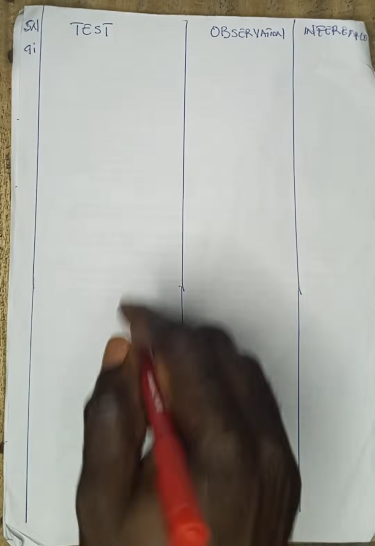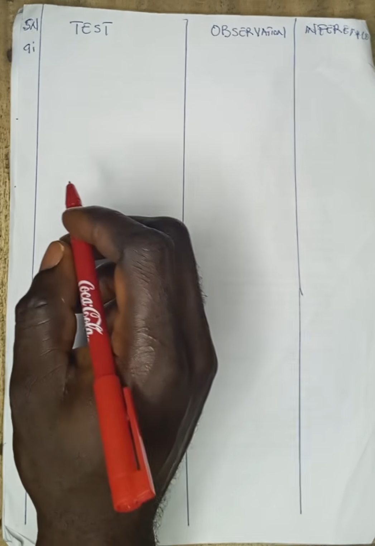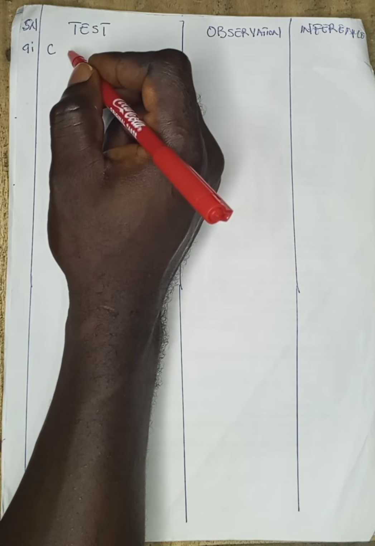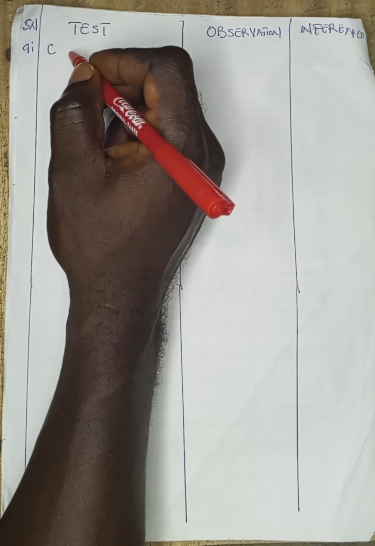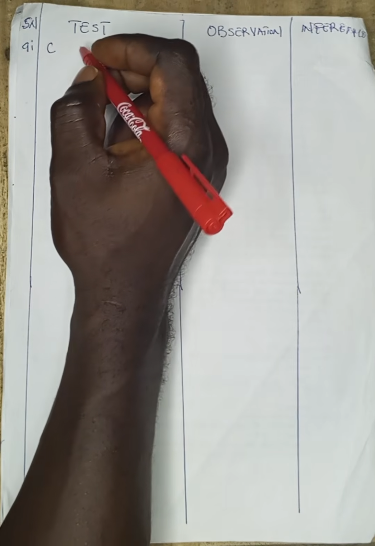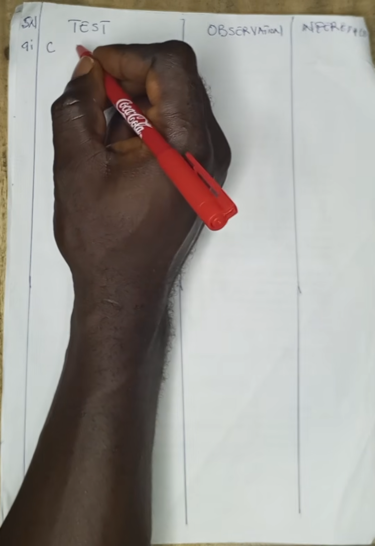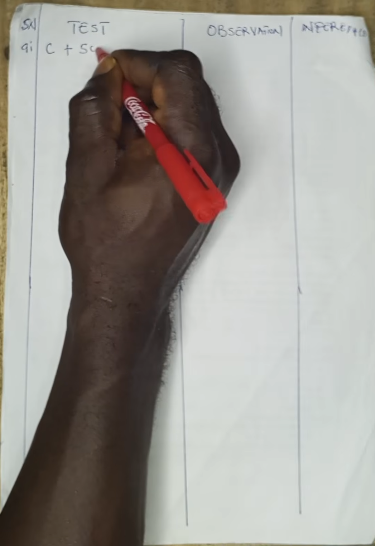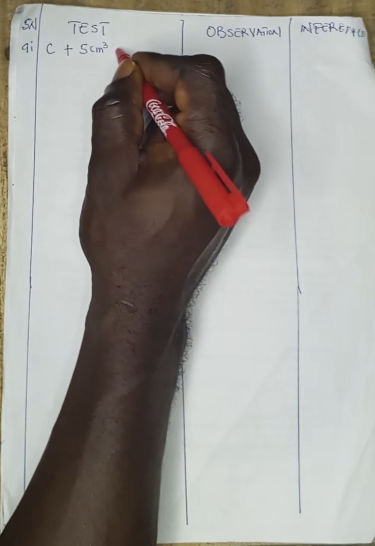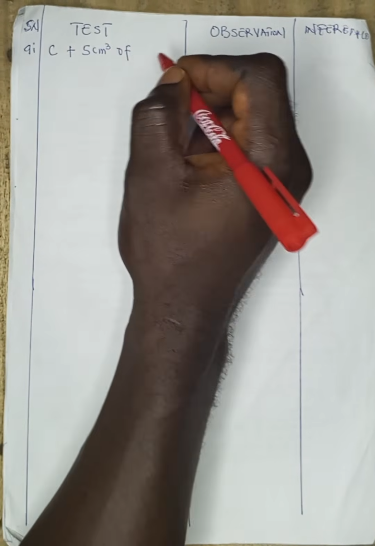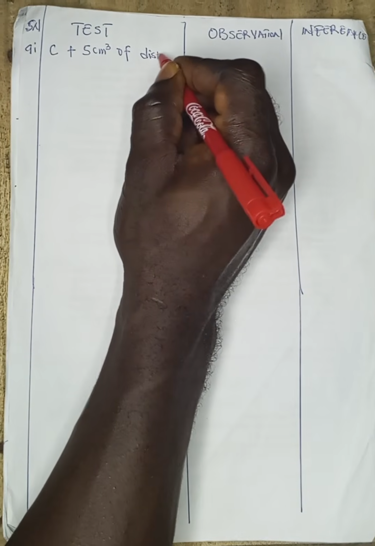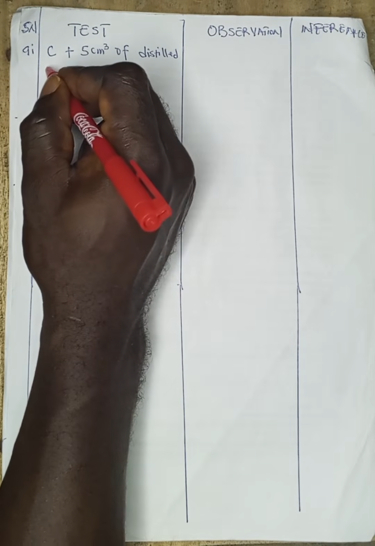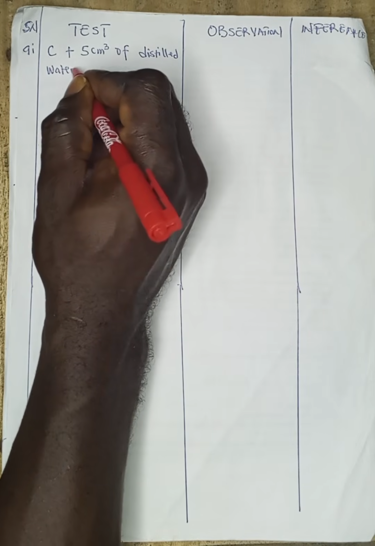So we are asked under it, we have (i). This portion of the test is already given. Okay, so you are asked to take your sample C, which is lead nitrate. Sample C, you should add 5 cm cubed of distilled water.